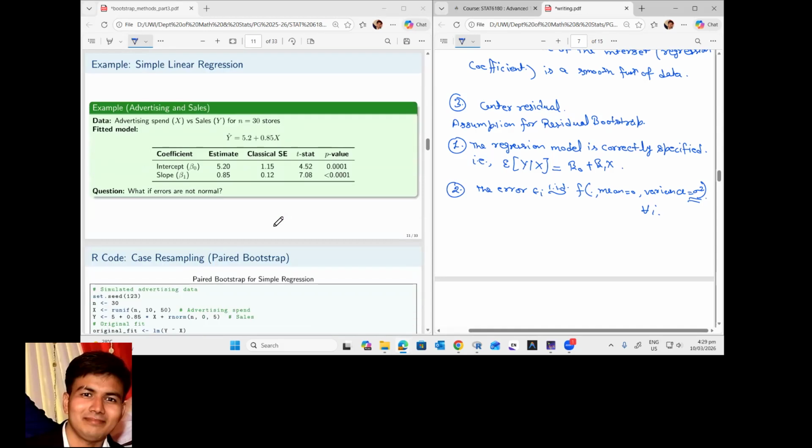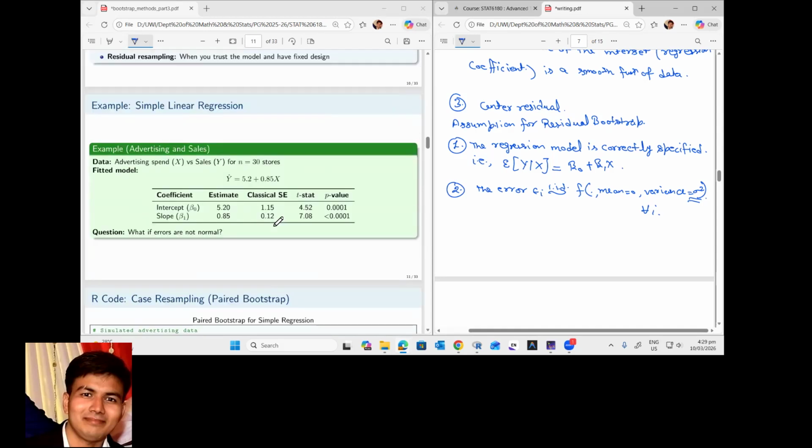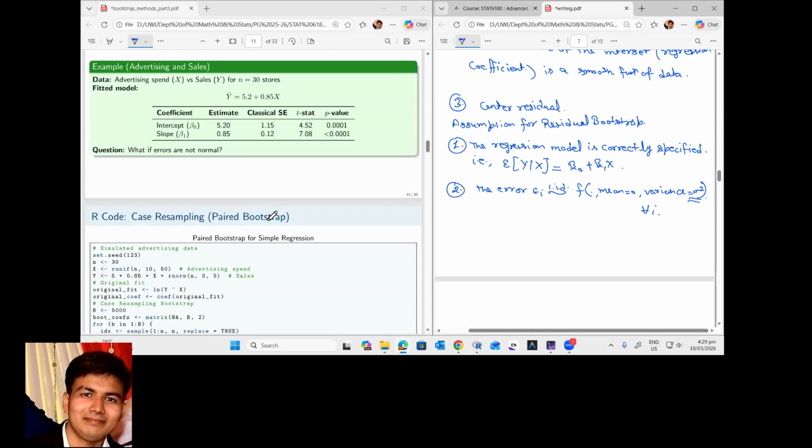So here we are going to take one example for the simple linear regression. Data is given: advertising spend is X and sales is Y, and n equals 30 stores.